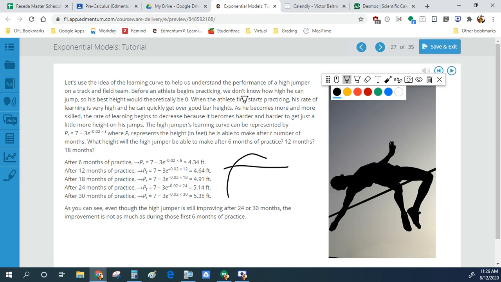When we look at the first growth, this is always 6 days. At first, they probably couldn't jump at all. Then there was a 4.3 gap. And then after this was only a 0.3 gap. And then after that, this was a 0.9, or sorry, 0.27.